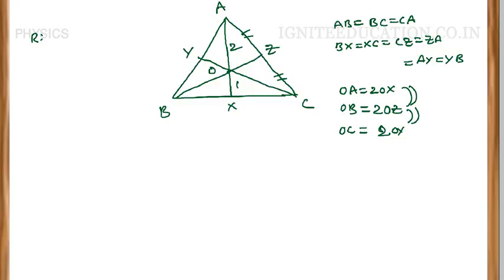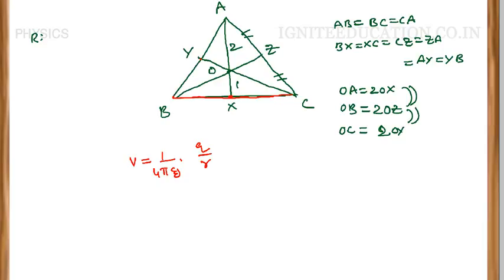And now I want to write the electric potential formula around a charge: V is equal to 1 by 4 pi epsilon naught Q by R, where R is the distance from the charge where you are going to find the potential. So if you see the equilateral triangle, the point X has the minimum distance from O when compared to any point on the line BC.